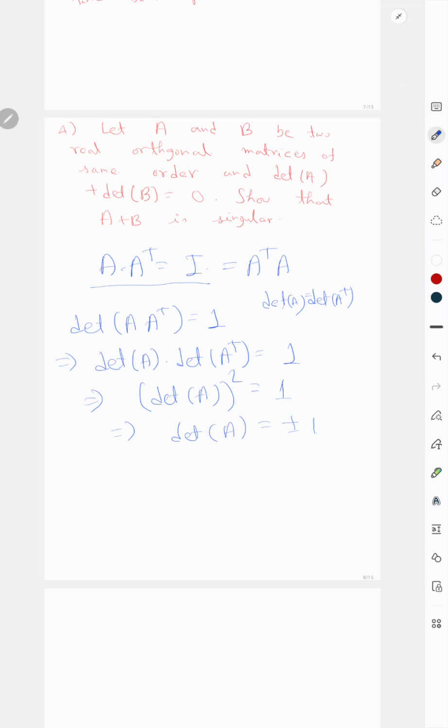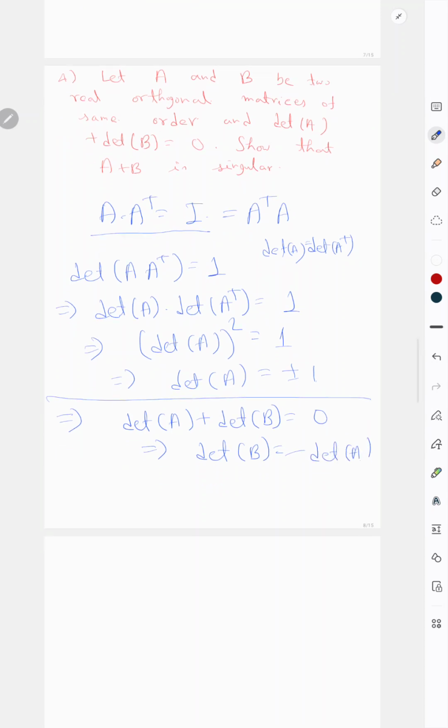So basically you know this type of thing. Here you read the problem: A and B are two real orthogonal matrices such that determinant of A plus determinant of B equals 0. So I am writing the solution from here. Det A plus det B is 0. That means you can say det B equals minus det A, right?